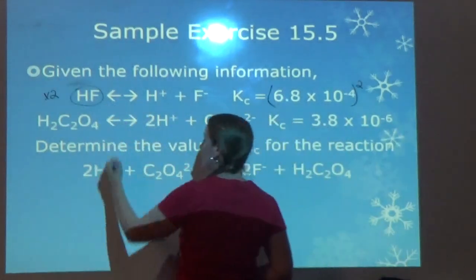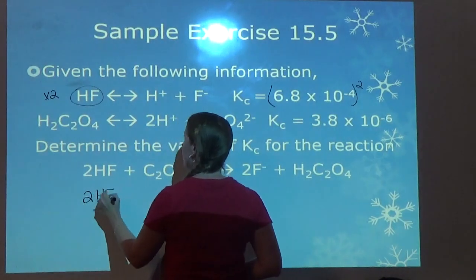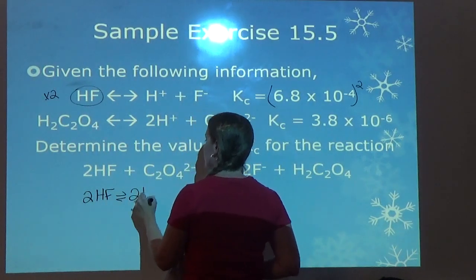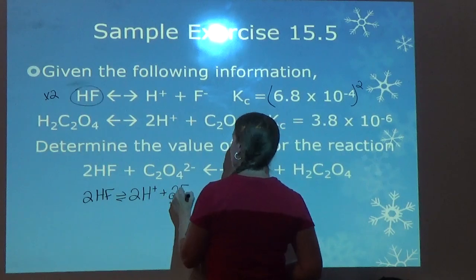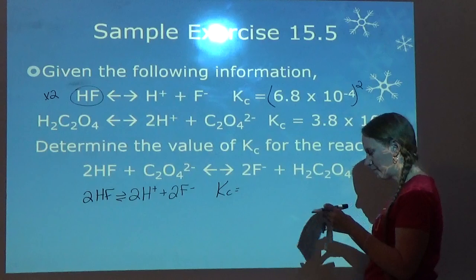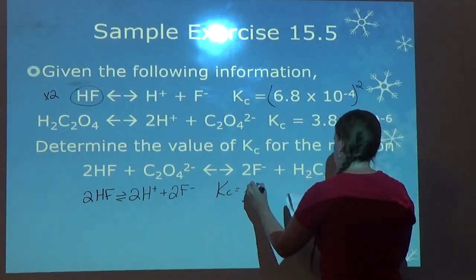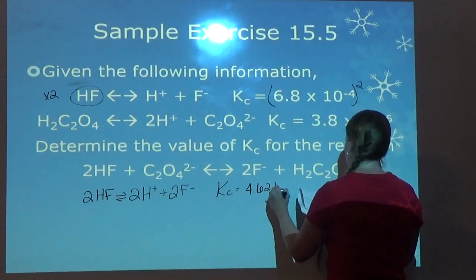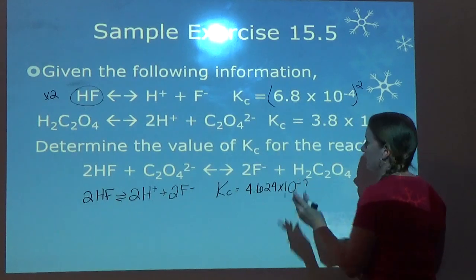Let me go ahead and write my reactions. I'll have 2HF yields 2H plus 2F minus. And so then my new K value is 4.624 times 10 to the negative 7.